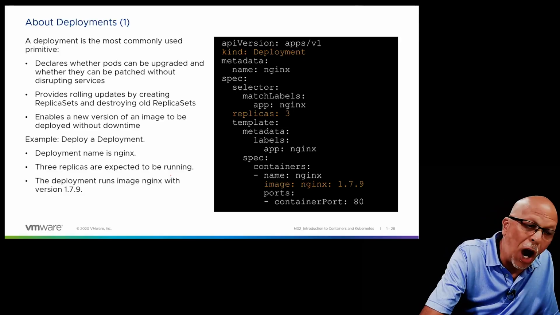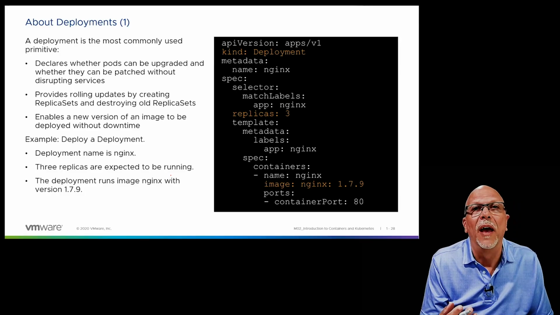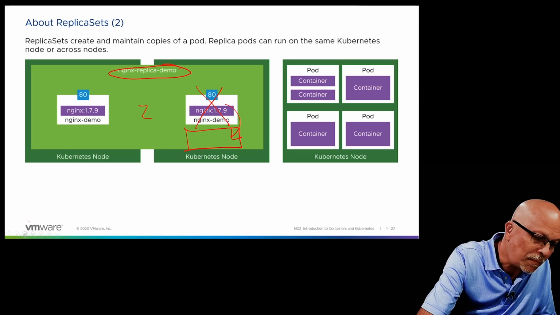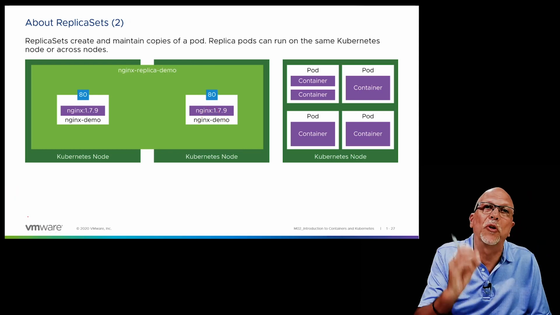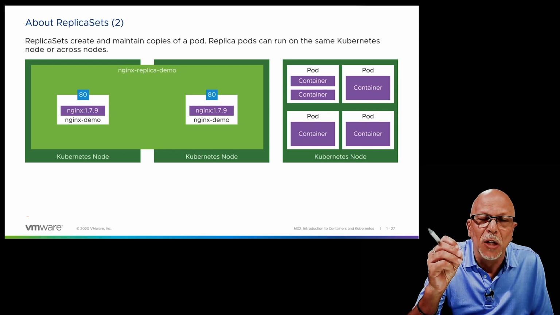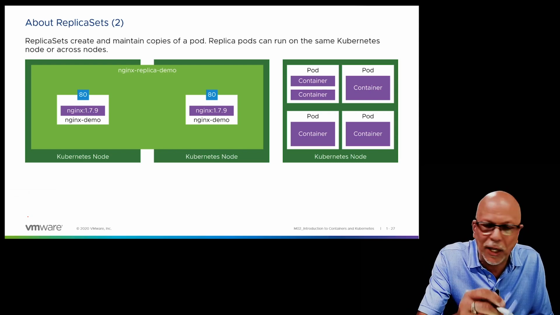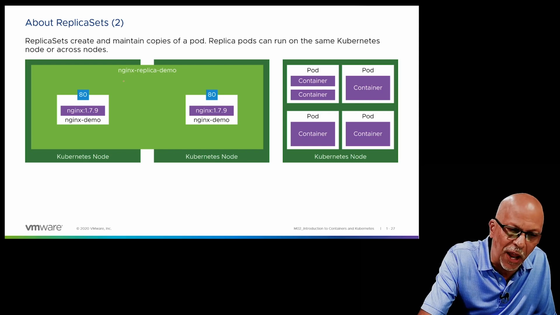Alrighty, welcome back. Where we left off before our break is we were talking about replica sets. And I said that the replica sets back over here is going to give us some degree of automation. Kubernetes is always going to be looking at the desired state.